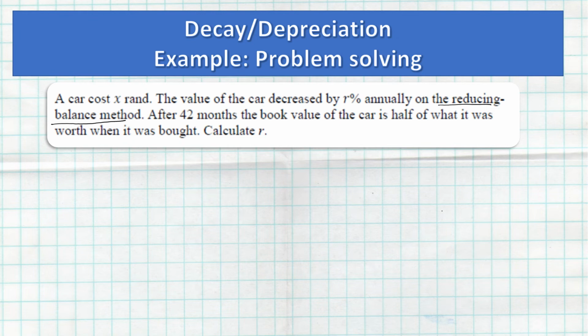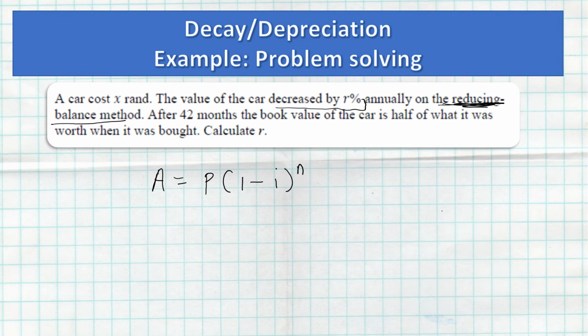The question says calculate R. So they want the depreciation rate. They told you the method, it's reducing balance, so the formula we know is A equals P into 1 minus i exponent n.